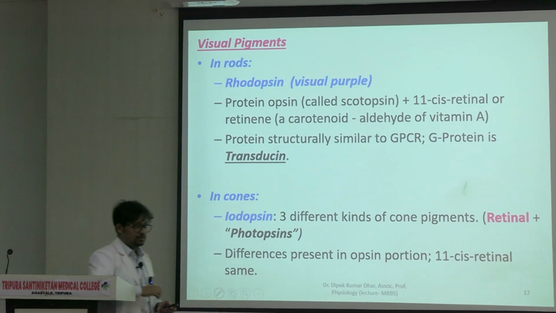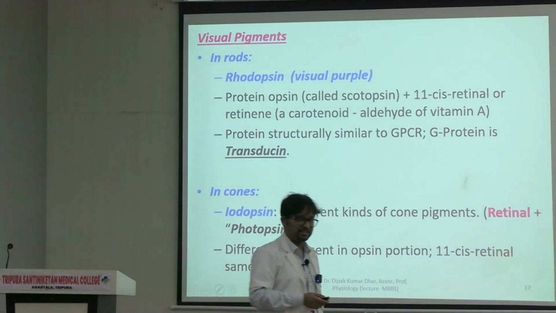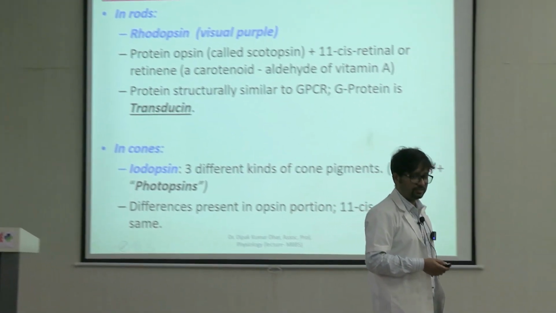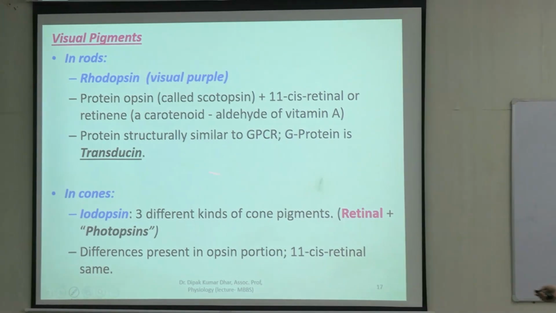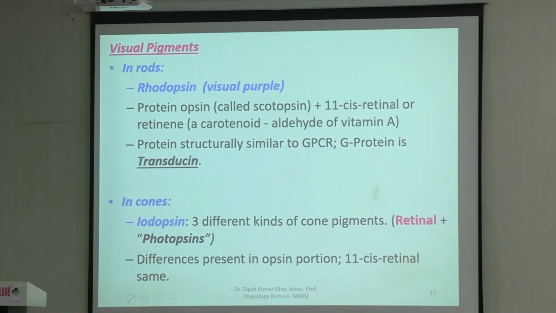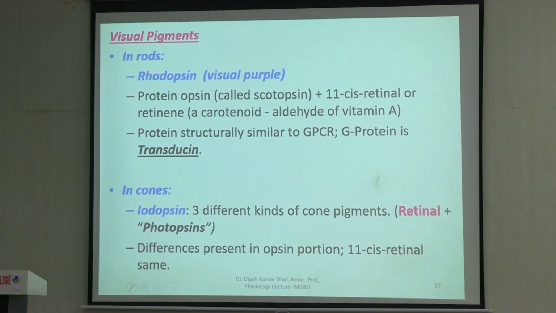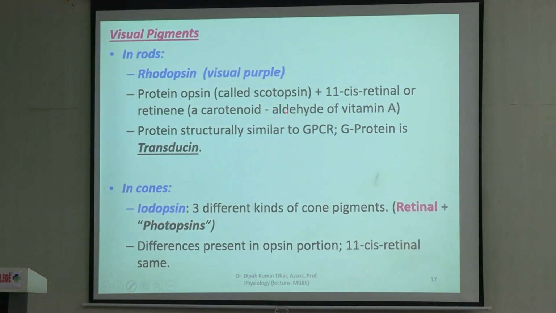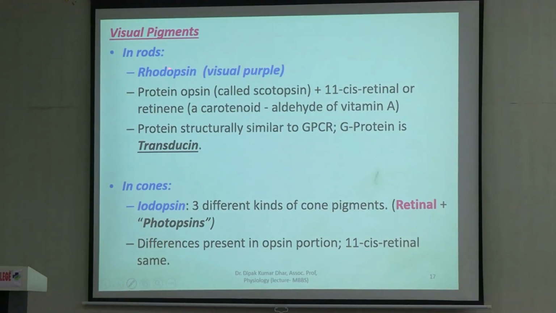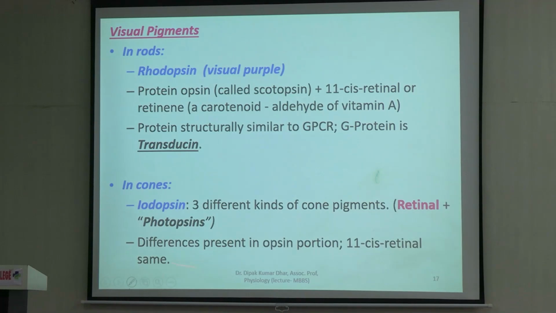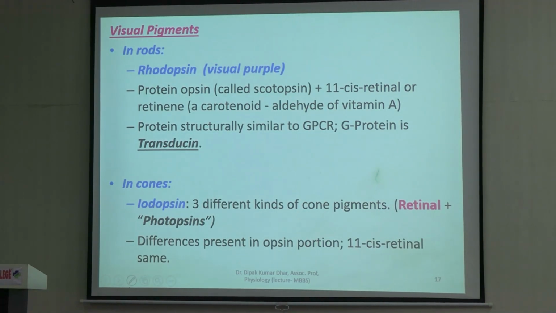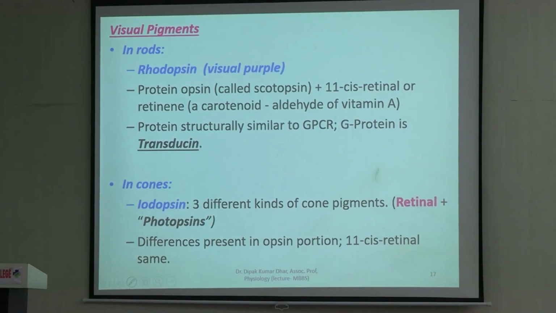So rhodopsin is composed of 11 cis retinal, the aldehyde form of vitamin A, right? And the protein that is there is opsin. This is the protein part. Now here the difference between the protein in rods and cones, as you can see, is with the protein part, not with the aldehyde part, which is the same.